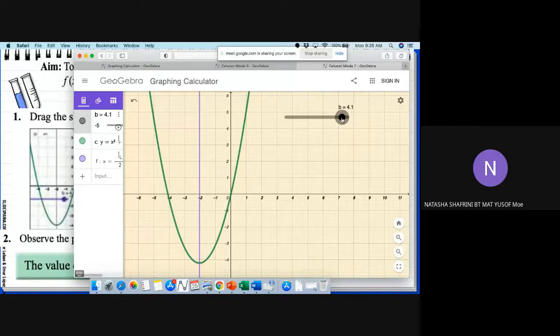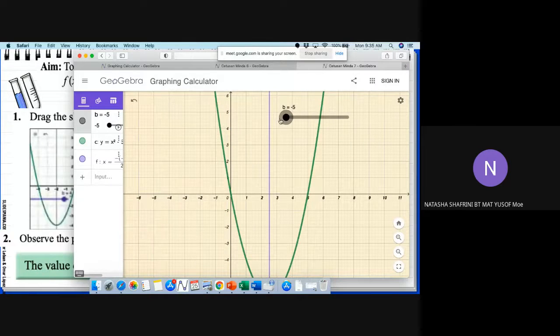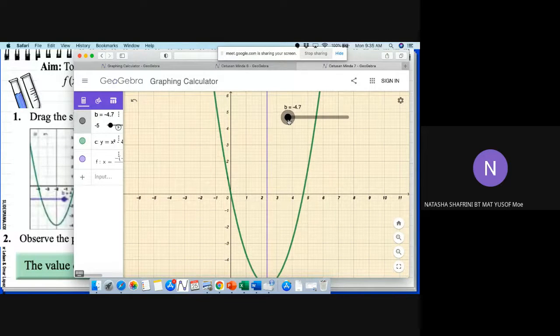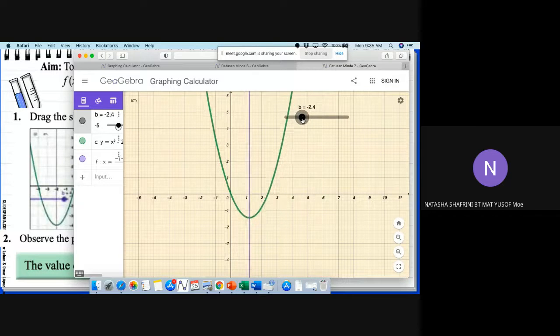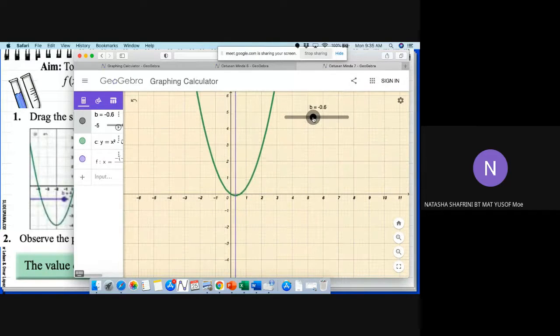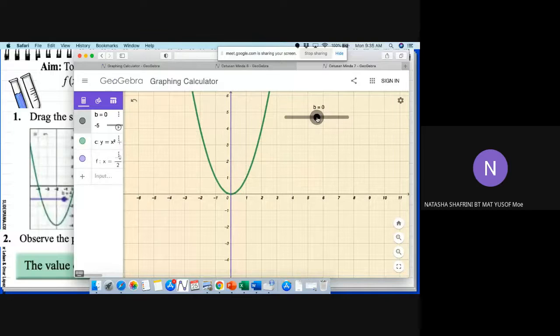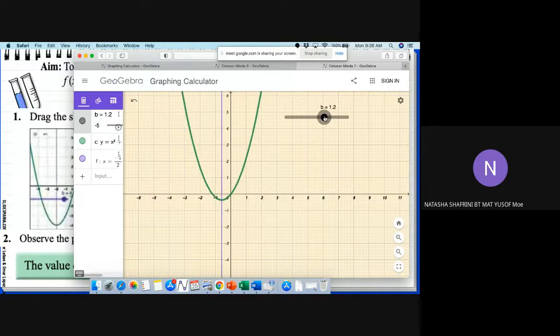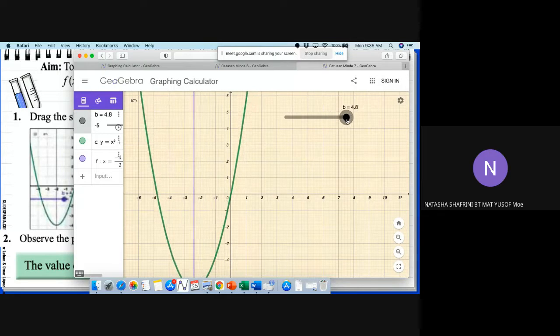Okay, sekali lagi, negatif. Dia duduk di bawah sebelah graf sebelah kanan. Cikgu tukar value B, dia dah jadi kosong. B sama dengan kosong, dia balik kepada origin asalan. Our minimum point akan jadi kosong-kosong. Dan bila cikgu naikkan lagi, dia akan turun sebelah kiri.